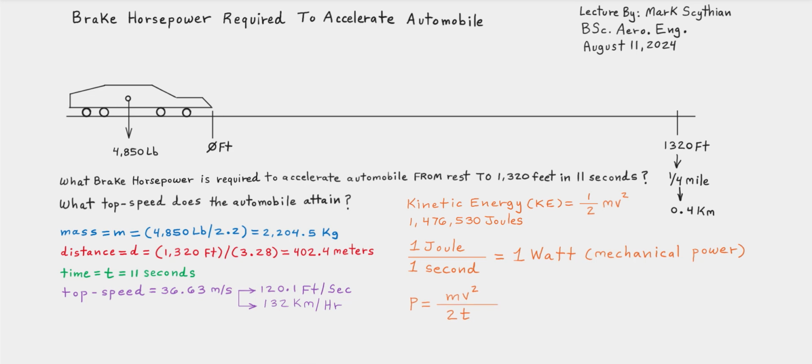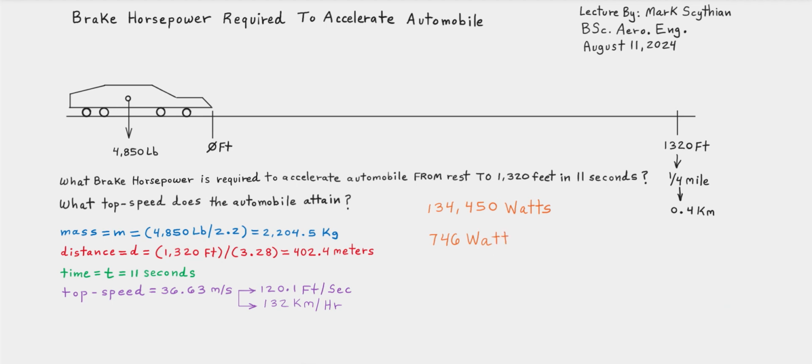So the mechanical power, or the power in general in watts to accelerate an object, is equal to mass times velocity squared divided into 2t, which is measured in watts. So when we calculate the watts to accelerate the vehicle from rest to displace 1/4 mile in 11 seconds, it will equal 134,450 watts of power.